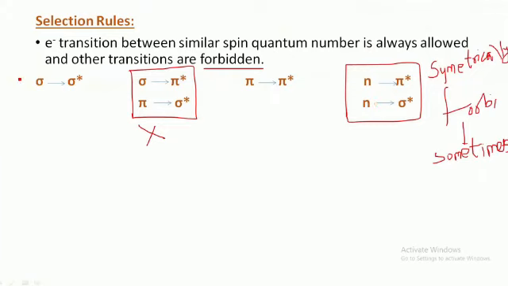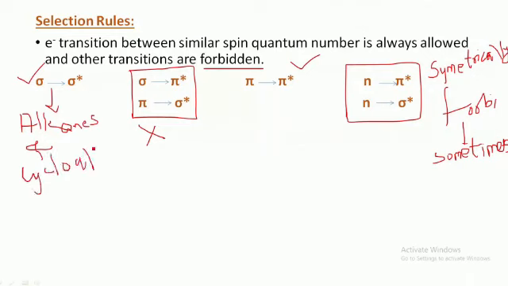And thus you can see the most common transitions are sigma to sigma star. Which compounds will exhibit sigma to sigma star transitions? We all know all the saturated compounds, commonly called alkanes, and also cycloalkanes.